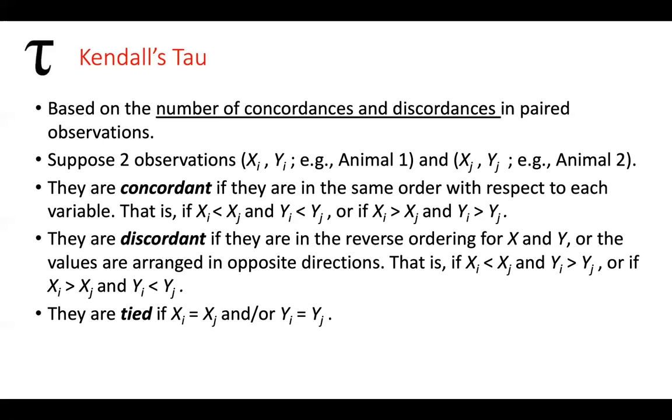You can also have a perfect negative relationship, where if one animal eats more than the other animal, it will always jump lower. You know what I mean. It will always not jump as high as the other one. That would be a perfect negative relationship if that's true for all observation pairs.